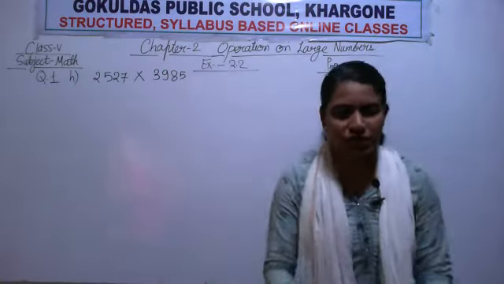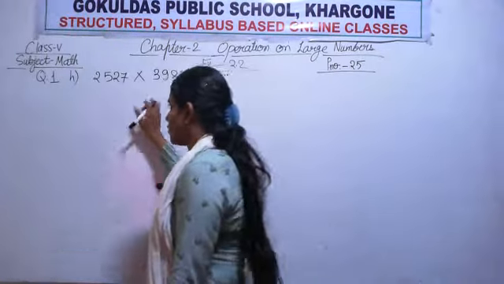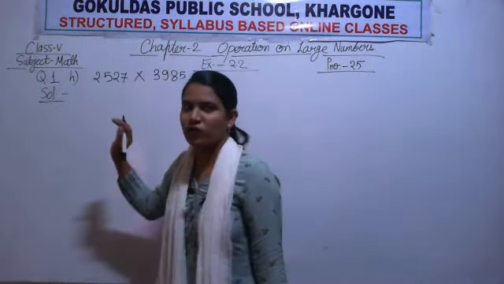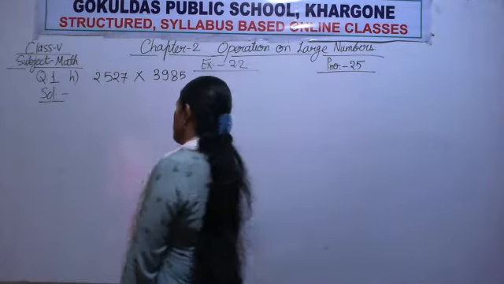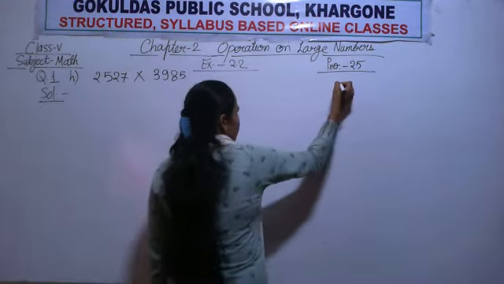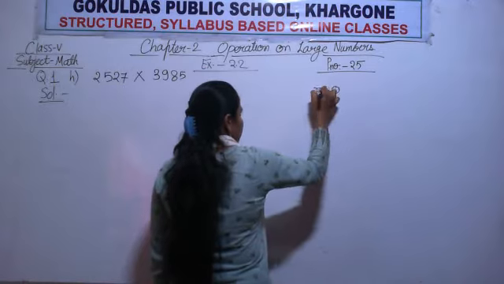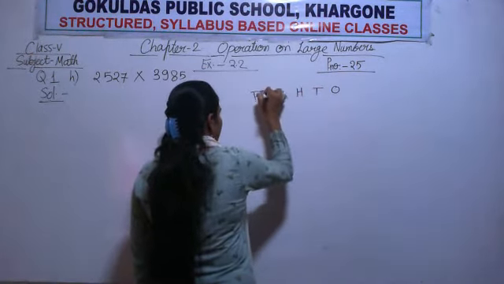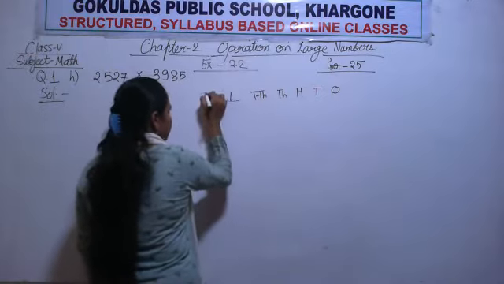It is your question, right? First of all, you will arrange both numbers column wise. Ones place, tens, hundreds, thousands, 10,000s, lakh, 10 lakhs place.